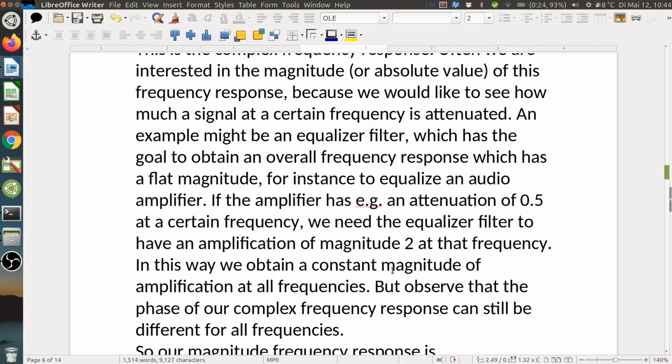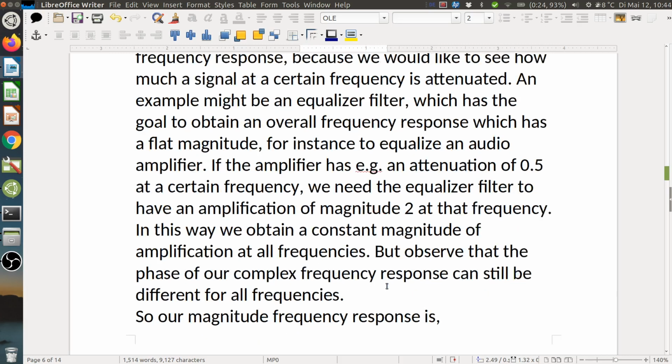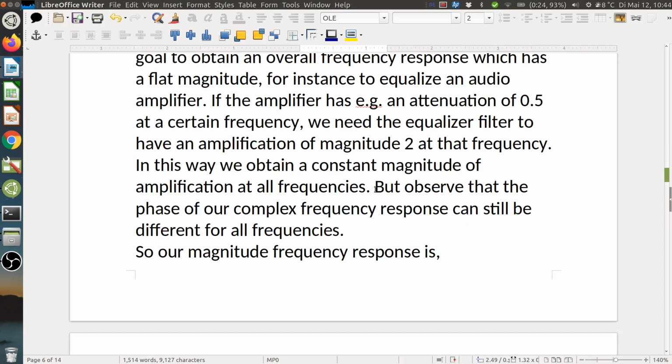In this case, we neglect the phase of our complex frequency response. We focus on the magnitude just to have the same strength of all the sinusoids in our mix. But observe that the phase of our complex frequency response can still be different for all frequencies.